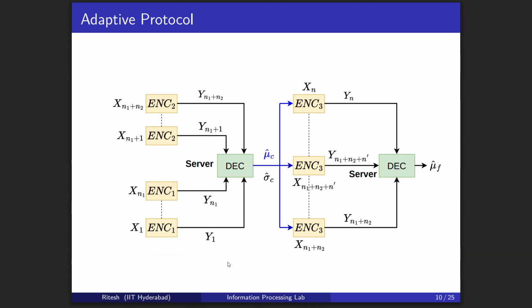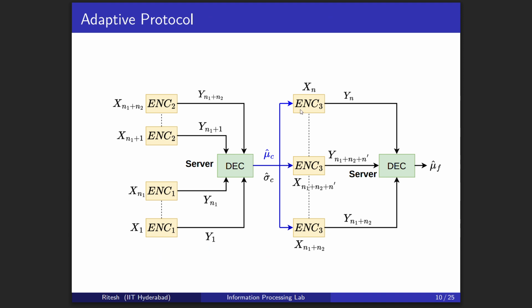Now we are moving to the adaptive protocol, where we divide all our users into three groups. In the first two groups, we just split the users, and they use theta 1 and theta 2 as thresholds, and then they produce coarse estimates mu_c hat and sigma_c hat.